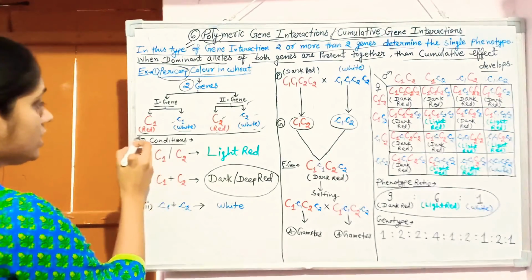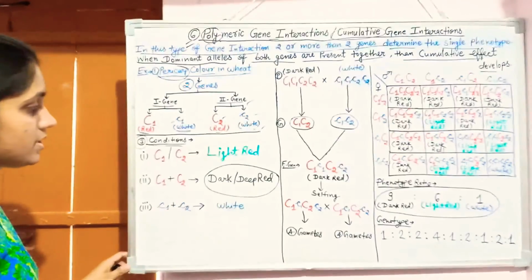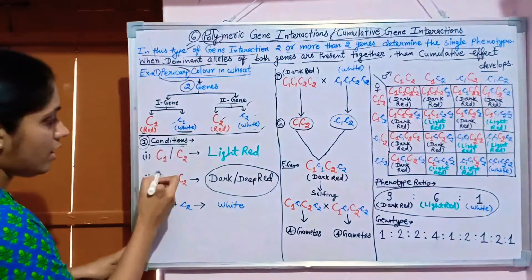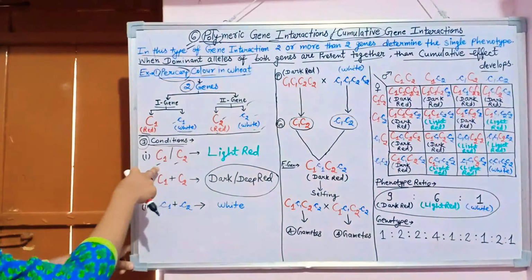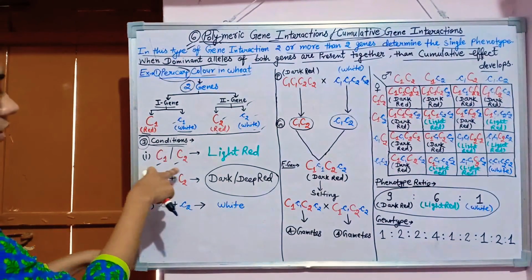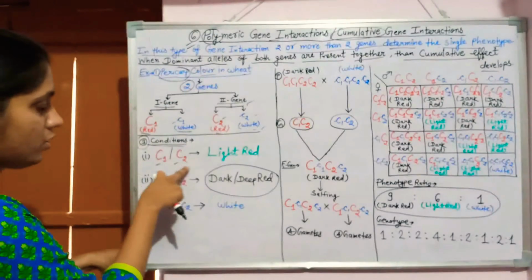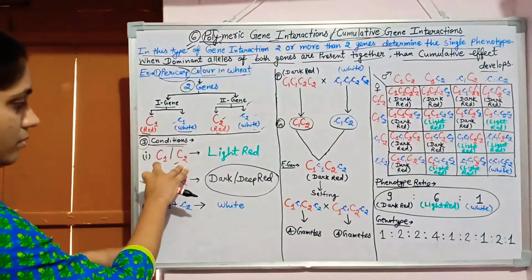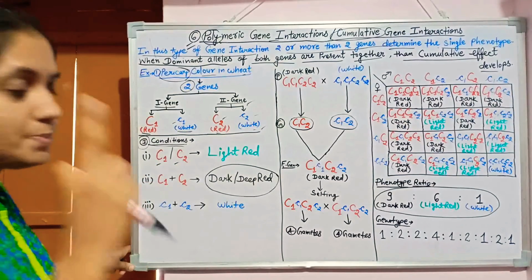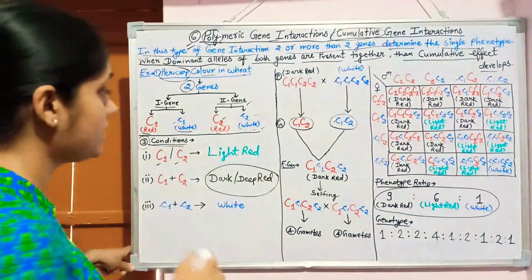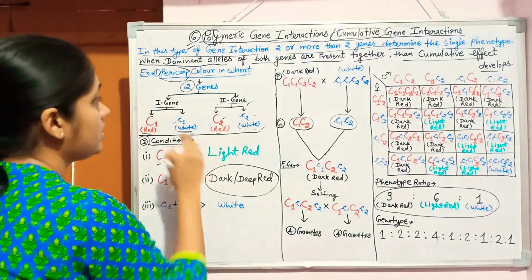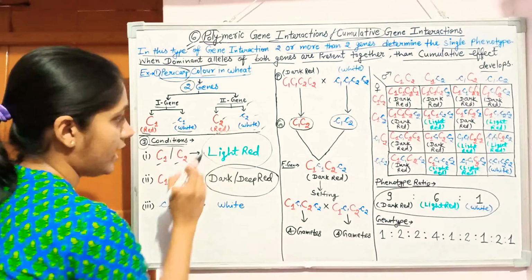Here three conditions can arise. When either allele C1 or allele C2, both dominant, any one of them is present, not both, just one at a time, then the pericarp color is light red.